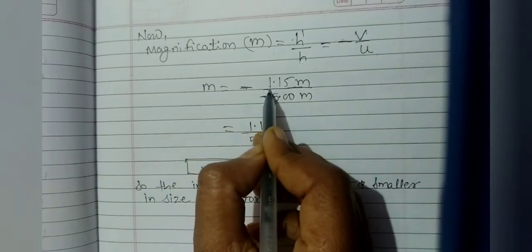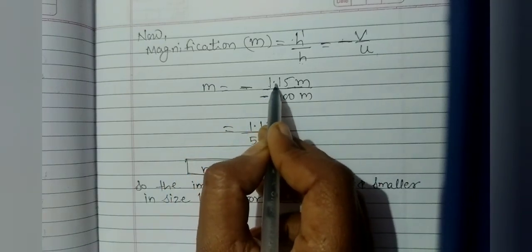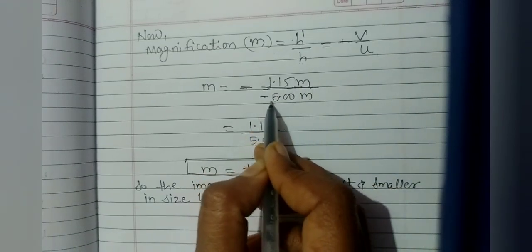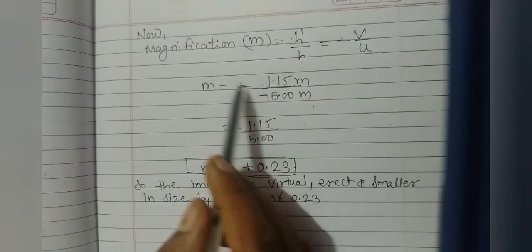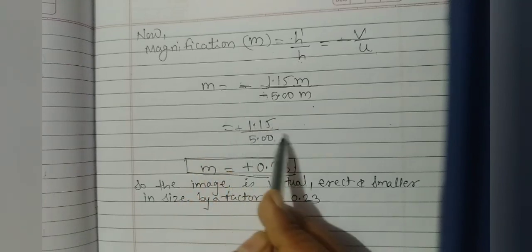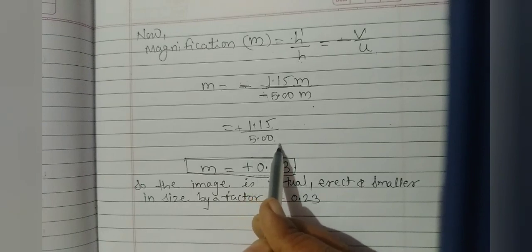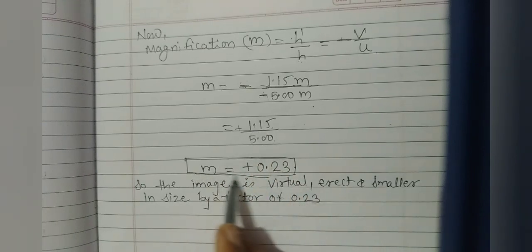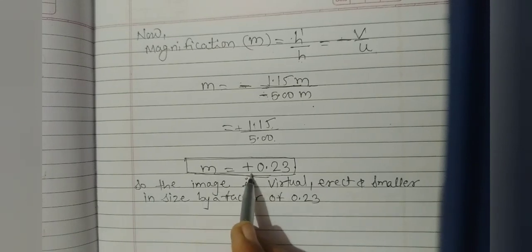Value of V, just now we obtained it, that is 1.15 meter, divided by value of U, that is minus 5. So this minus becomes plus, and we obtain 1.15 divided by 5.00.